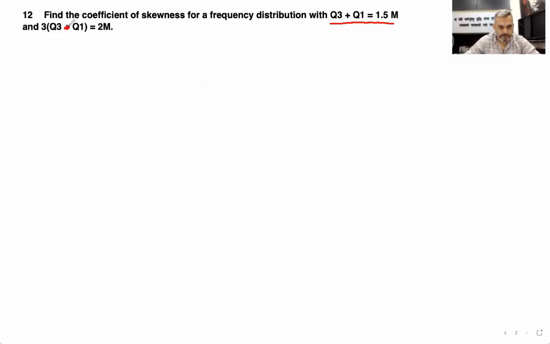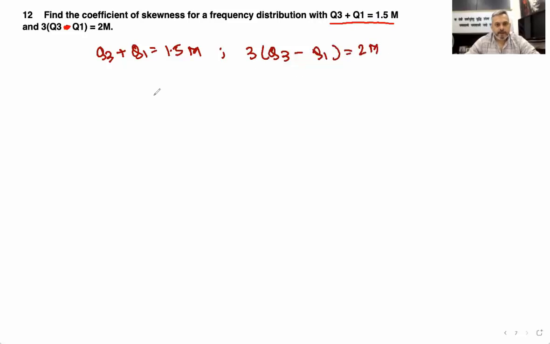This is minus Q1, which is equal to 2m. So now let's write what we know. So Q3 plus Q1 is equal to 1.5 median and 3 (Q3 minus Q1) is equal to 2m. Now we have to find J, that is coefficient of skewness.